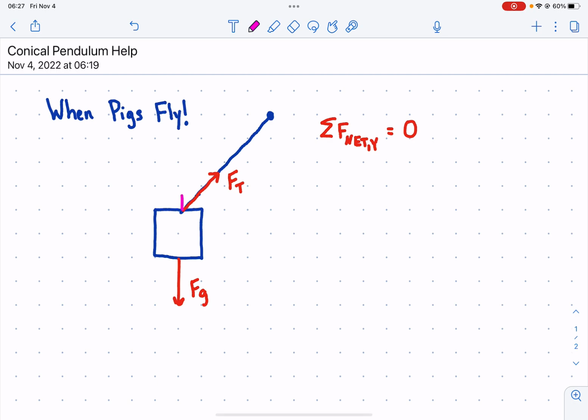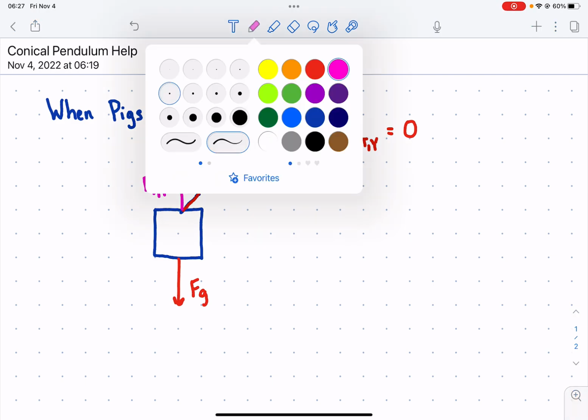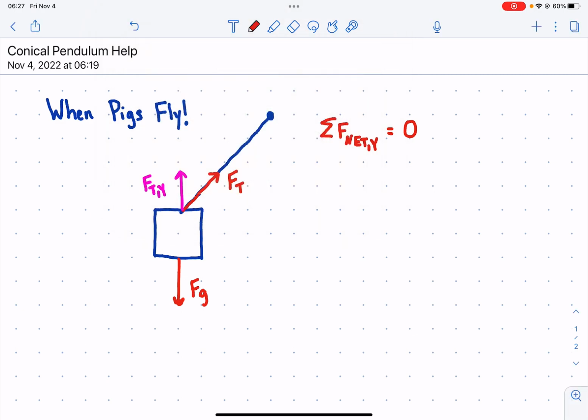And this force is going to be the y component of tension. So this is going to be Fty. Okay? And so if I was to continue my net force equation, I would say that the net force in the y direction is going to equal the tension force minus the gravitational force.